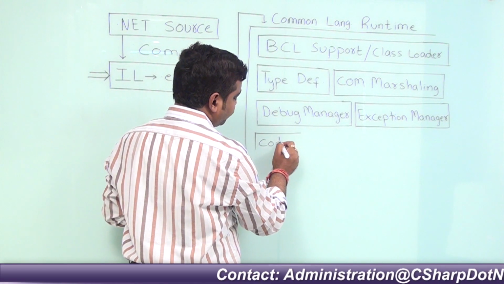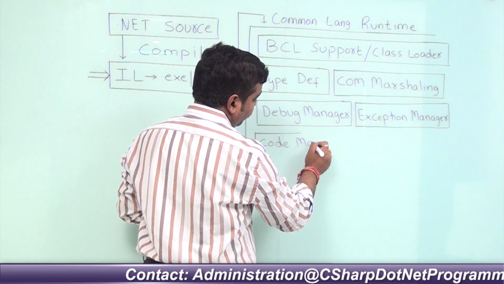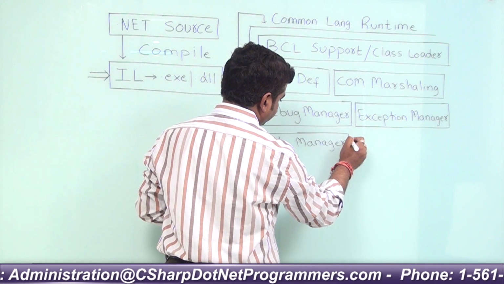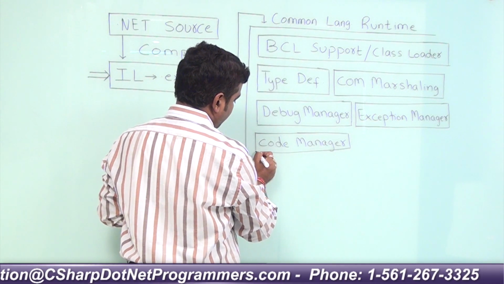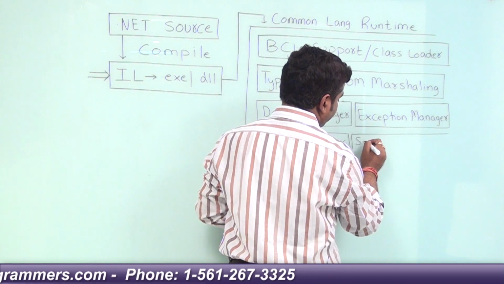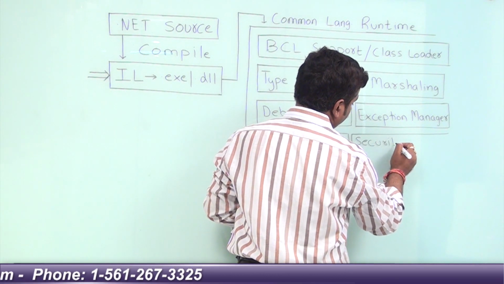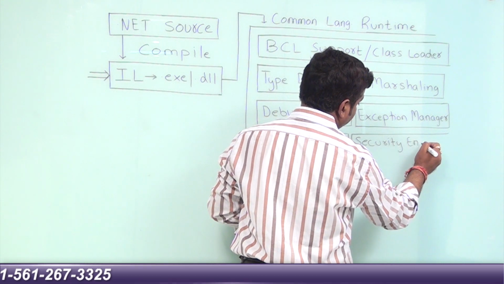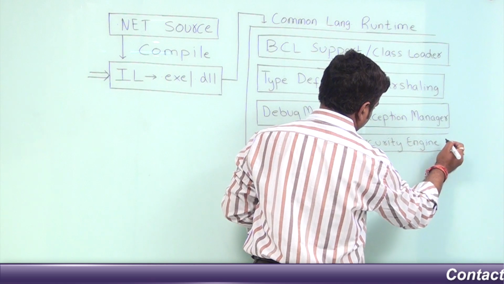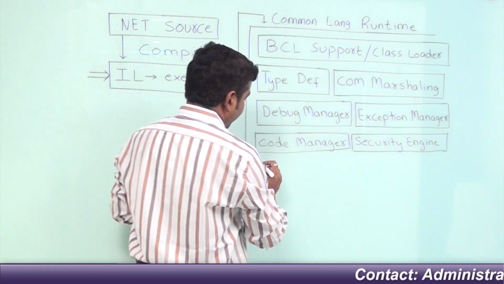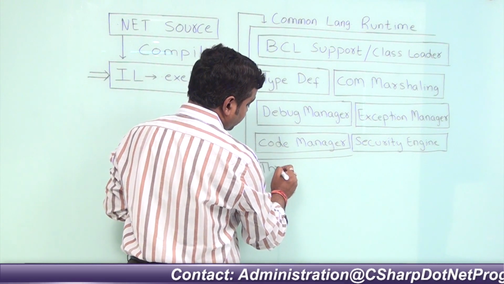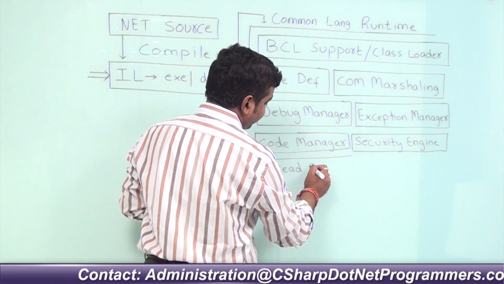We have a resource for managing the code, which we call the code manager. We have a resource called security engine to manage the security. We have a resource called thread support for managing the threads.